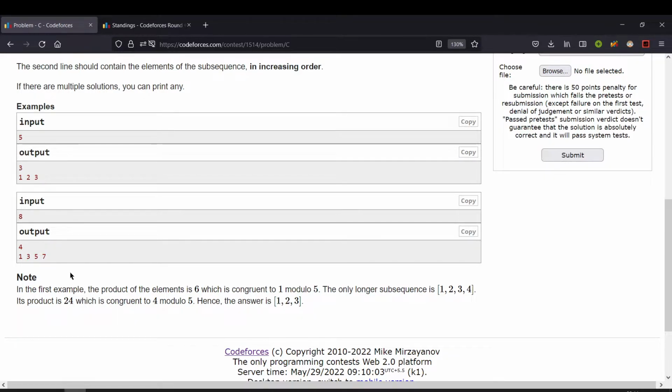So, the whole product should be of the form nx plus 1. Whatever product that we get should be of the form nx plus 1.